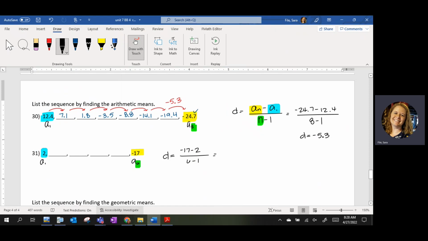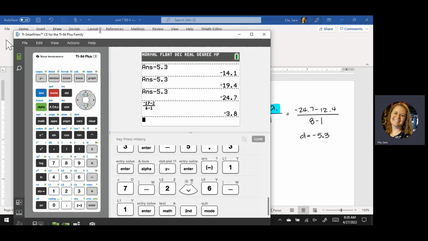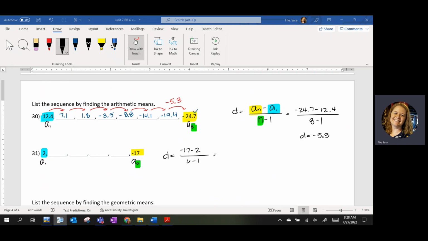Okay, so I already forgot our answer. Got distracted. All right, negative 3.8. So this is another one that is negative, so that means we are subtracting. And I knew we were going to be subtracting because we started with a positive 2, and we ended with a negative 17. So obviously it's decreasing. So to get from term to term here, we are subtracting 3.8.